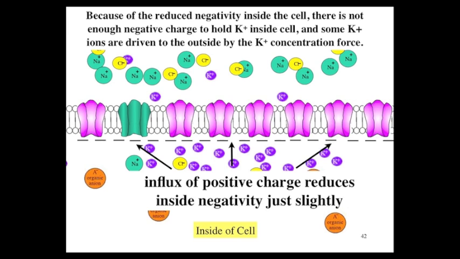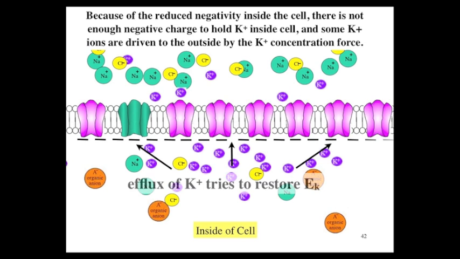But because of the reduced negativity inside the cell, there's now not enough negative charges to hold in all the potassium inside the cell. Some potassium ions are driven to the outside of the cell by the potassium concentration force. There it goes. There goes another one. That reestablishes the potassium equilibrium potential.